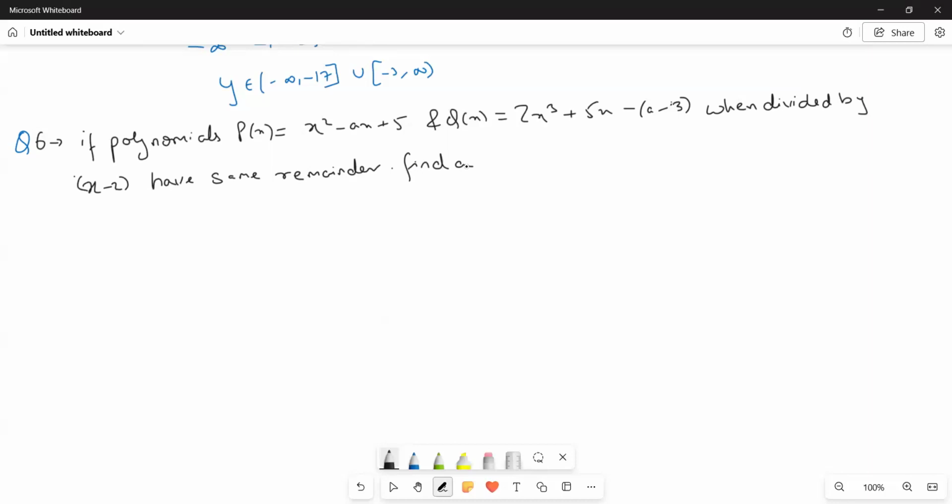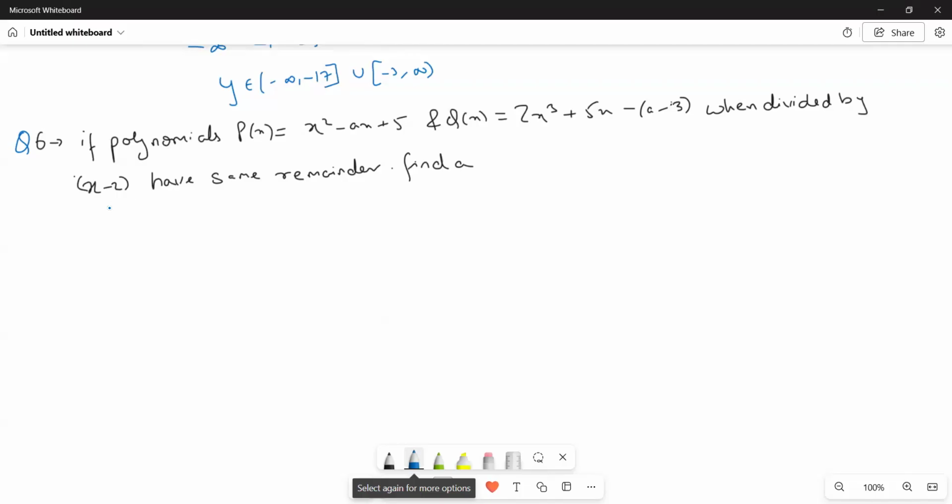This is going to be really easy. So if a polynomial f(x) is divided by x minus a, what is the remainder? The remainder is f of a.